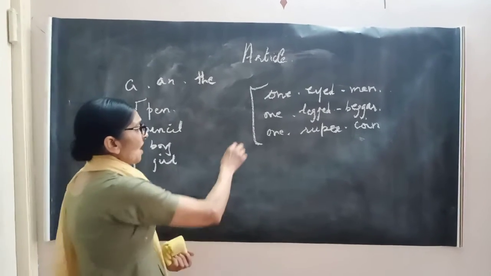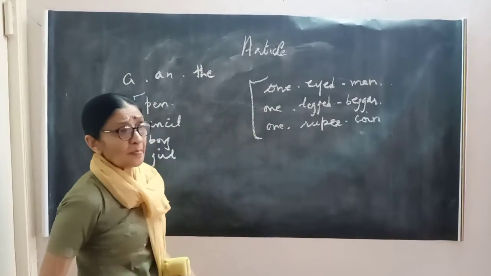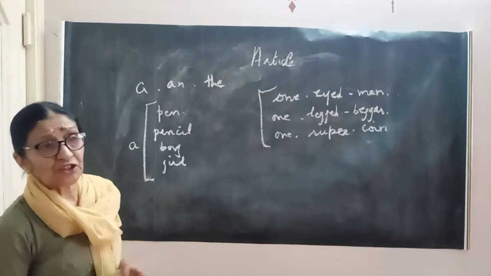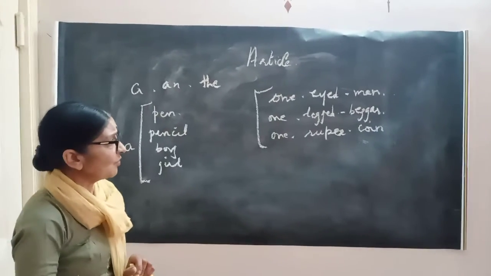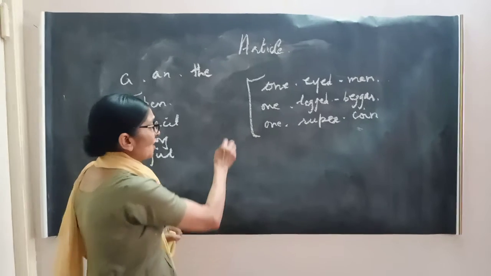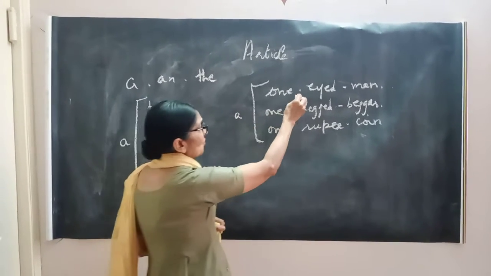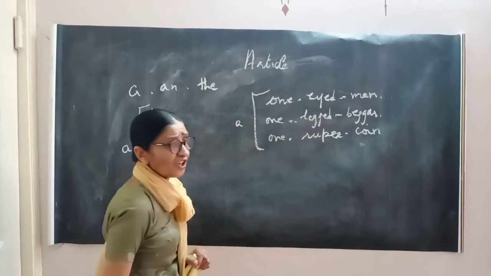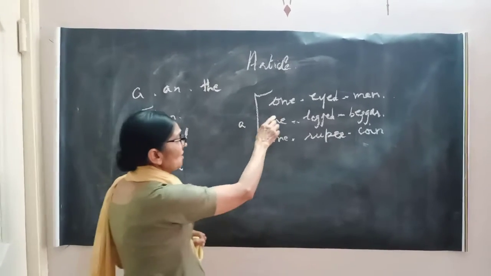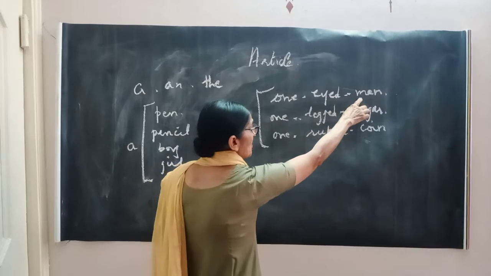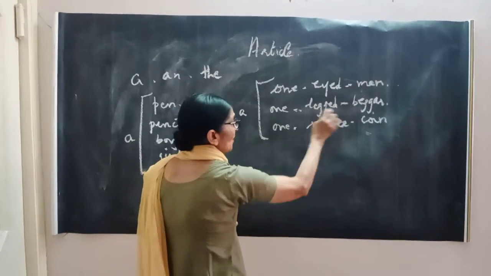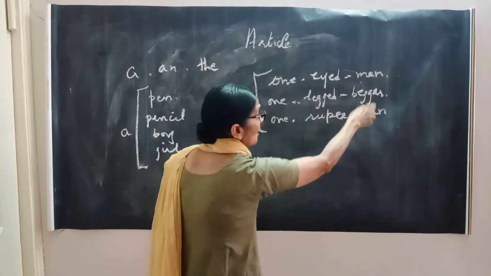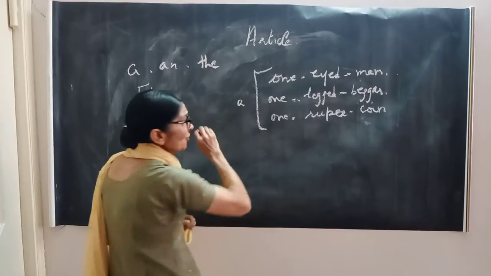Everyone knows that this word starts with a vowel. So in front of a vowel we use an, but if we use an, the sentence will be wrong. So how can we say that we will write a in front of it? Because when there is a word with a hyphen in between, just close your eyes and put a in front of it. Because we are talking of a one-eyed man, we are talking about the man. A one-legged beggar, we are talking about the beggar. A 1 rupee coin, we are talking about the coin. So according to this, we have put a.